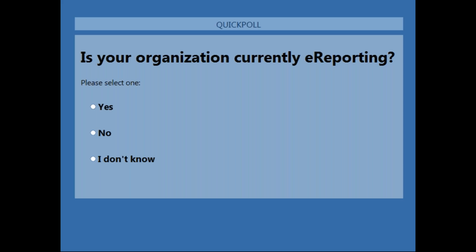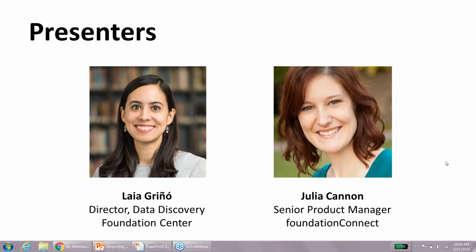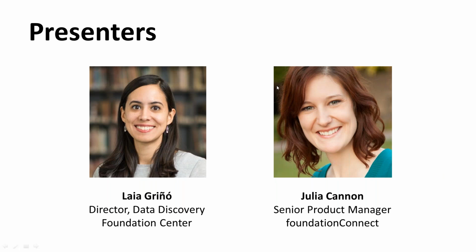Again, I'll just give you all a moment to answer here. Okay. So of those who answered, about a quarter of you said yes, 64% said no. So this is great. We're happy to share information about eReporting with you all today. And 14% said I don't know. All right.